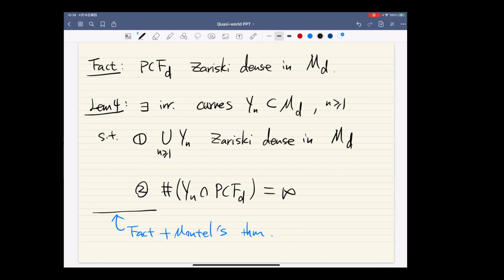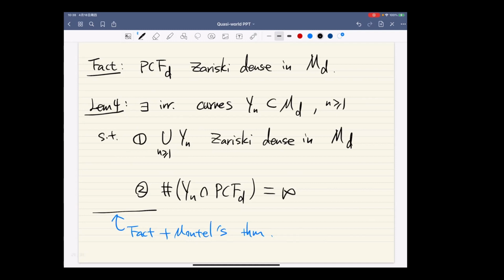Okay, and now we have a lemma. The lemma is the following. In the moduli space MD, we can construct a sequence of irreducible curves Yn, such that first, the union of Yn is Zariski dense in MD, and second, for every n, this curve Yn contains infinitely many PCF maps.